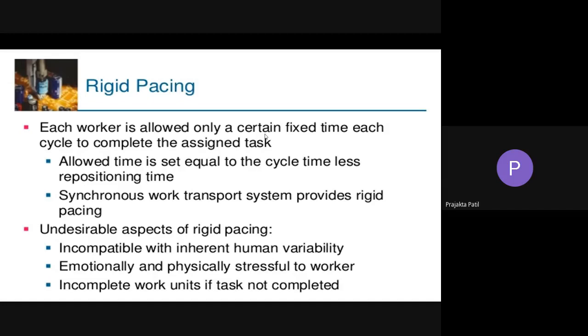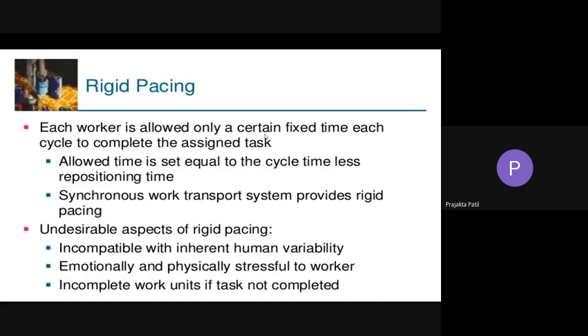The allowed time is implemented by a synchronous work part transport system, which basically deals with distributing the cycle time equally on the line. So rigid pacing has two undesirable aspects. The first one is that rigid pacing is emotionally and physically stressful to human workers.